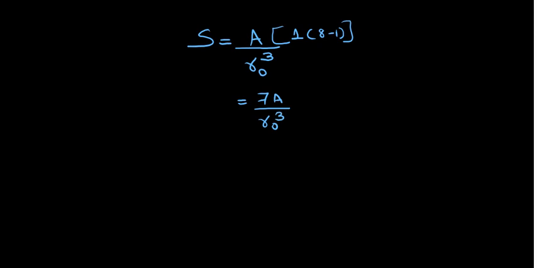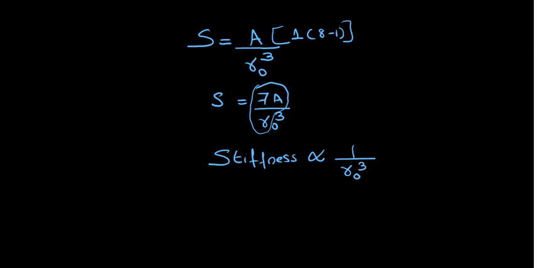Okay, so that is the stiffness. We need not bother too much about this. This is actually a constant. So what is important here is that the stiffness comes out to be proportional to 1 by r0 cube. I have written it wrongly. S is equal to 7a by r0 cube, and this is a constant.